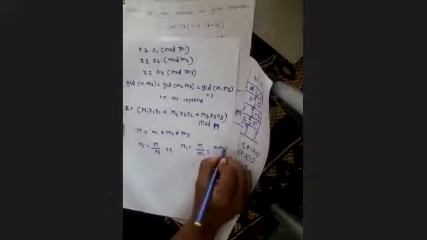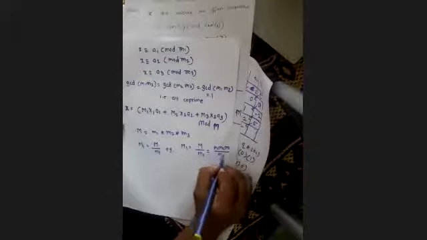So simply m1, m2, m3 divided by m1. If you cancel that, you get m2, m3. So you can write like this also. M2 is m3 into m1. M3 is m1 into m2. You can write directly in this way, or you can use this formula also.